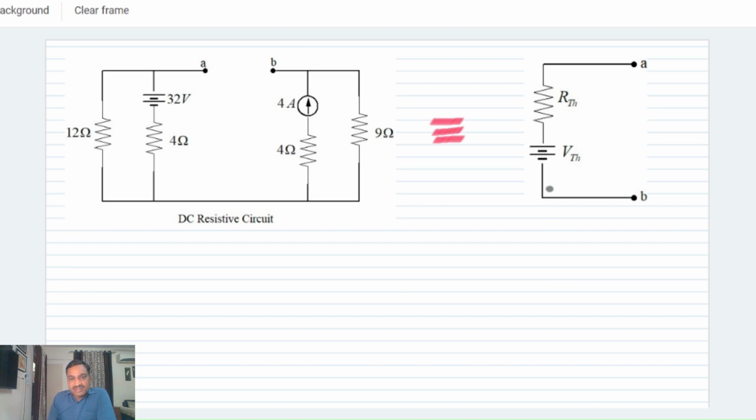Now, we have to determine the values of VTH and RTH first. So let us calculate the value of VTH first.